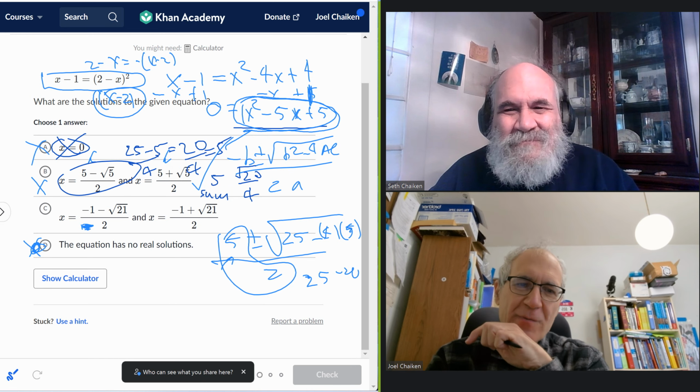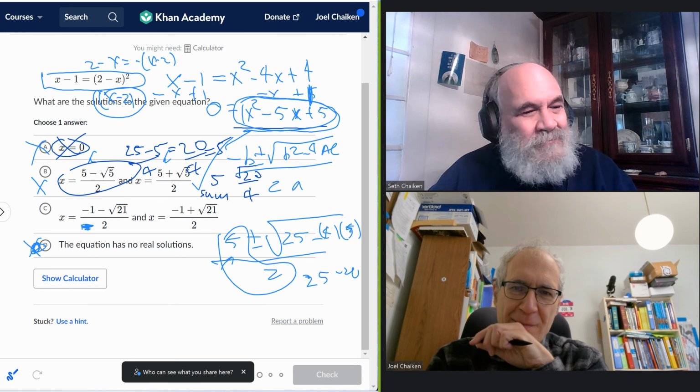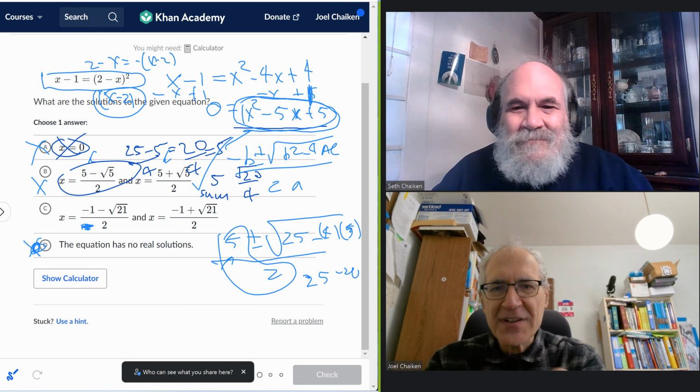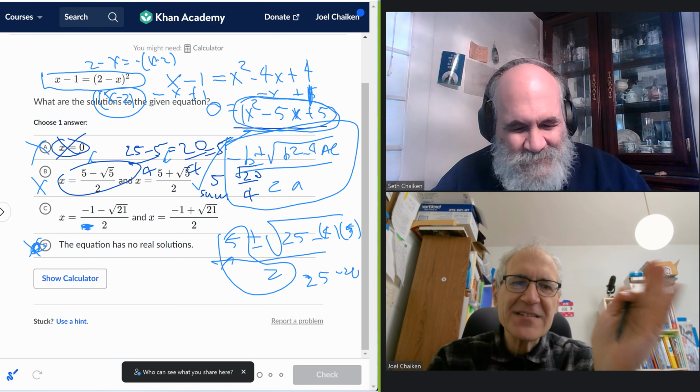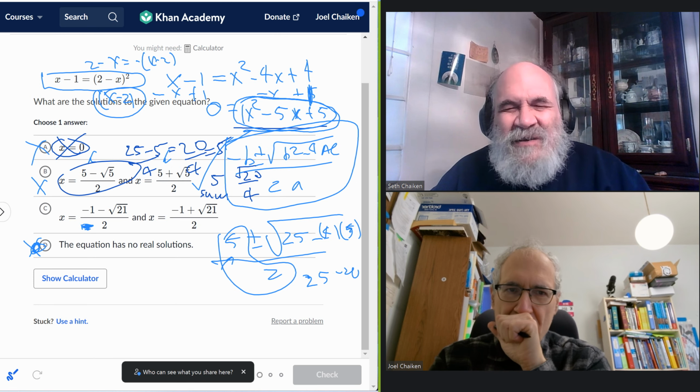Okay, the question is, which one is faster? First of all, you had to memorize something that isn't given. I believe the quadratic formula was given to you on the SAT. I guess we could check, but let's assume it is. Okay, ladies and gentlemen, it's a good idea to memorize that.